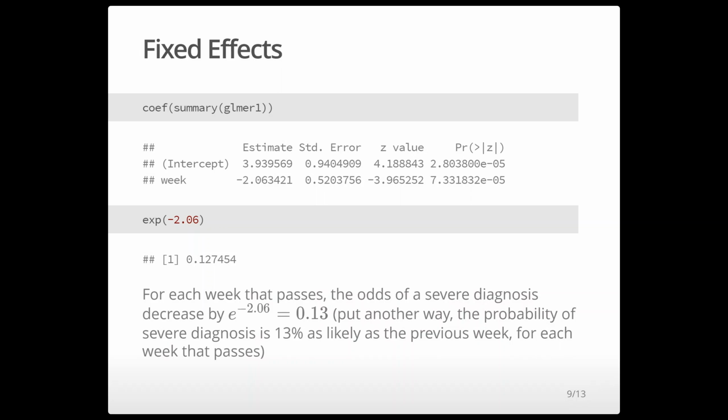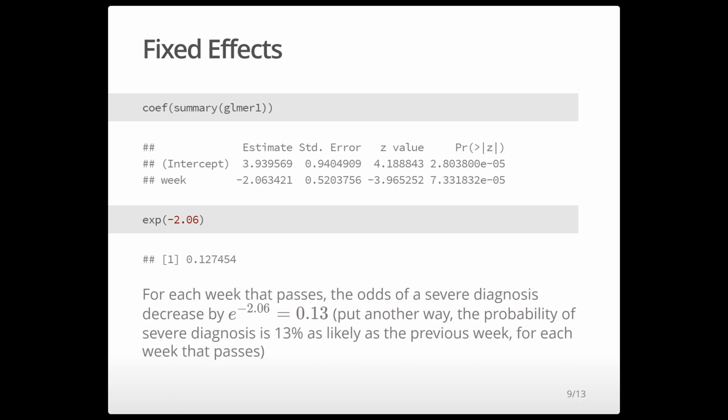And so here's the output. Here are the fixed effects. So remember, these fixed effects are log odds, so we can get them into odds by taking the exponent. So here the log odds for week is minus 2.06. If I take the exponent, that means the odds for week are 0.127, or 0.13.